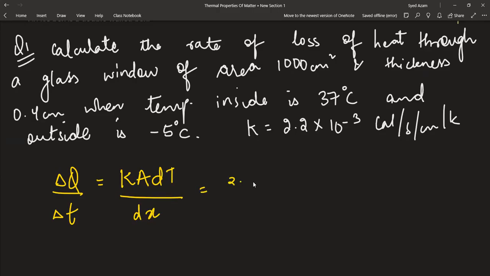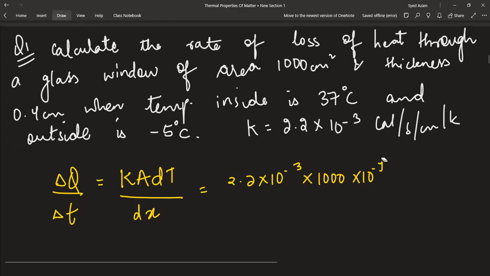So K is 2.2 into 10 to the power minus 3. Area is 1000 centimeter square. Everything is there in CGS only, so let's put this also in CGS.